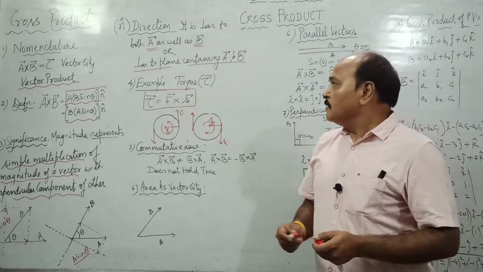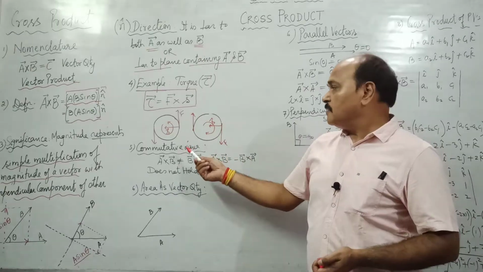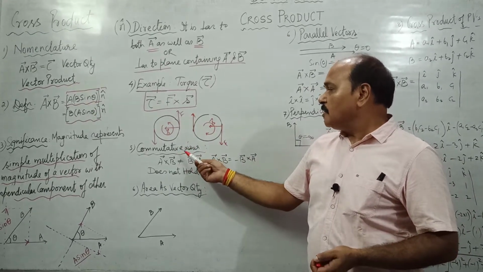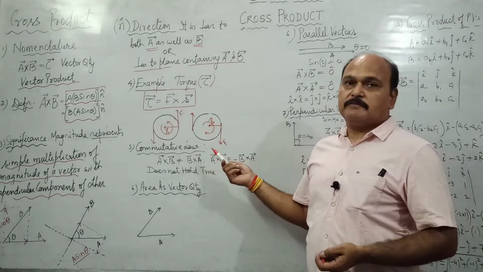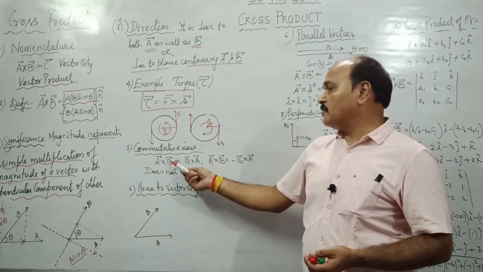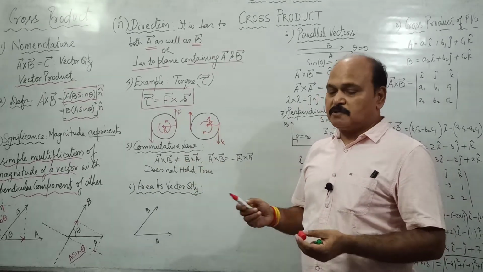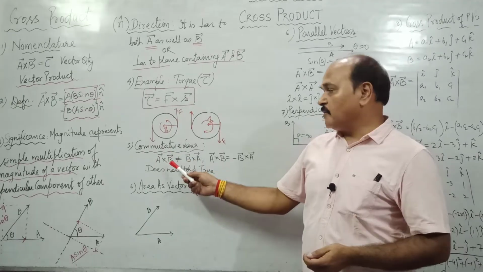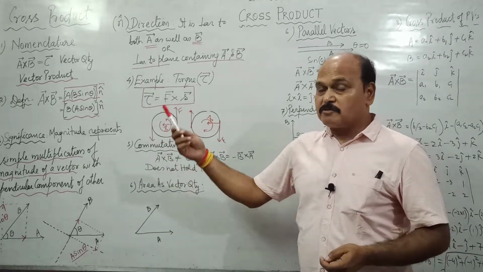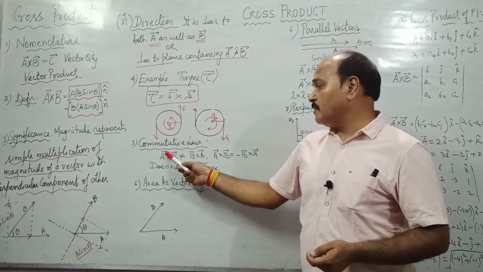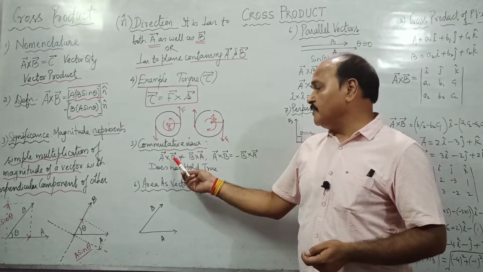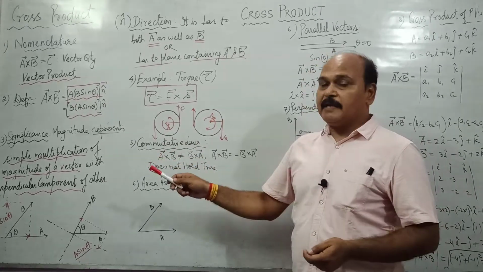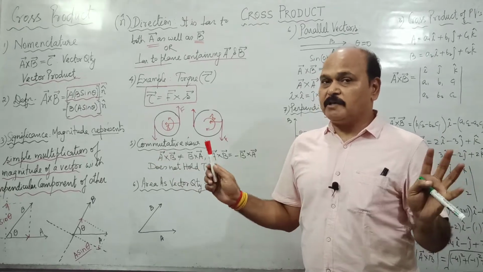Well, the cross product of two vectors does not follow the commutative law. A cross B is not the same as B cross A. If we reverse the order of the vectors with regard to the operator cross, if we interchange B with A, we do not get the same quantity.